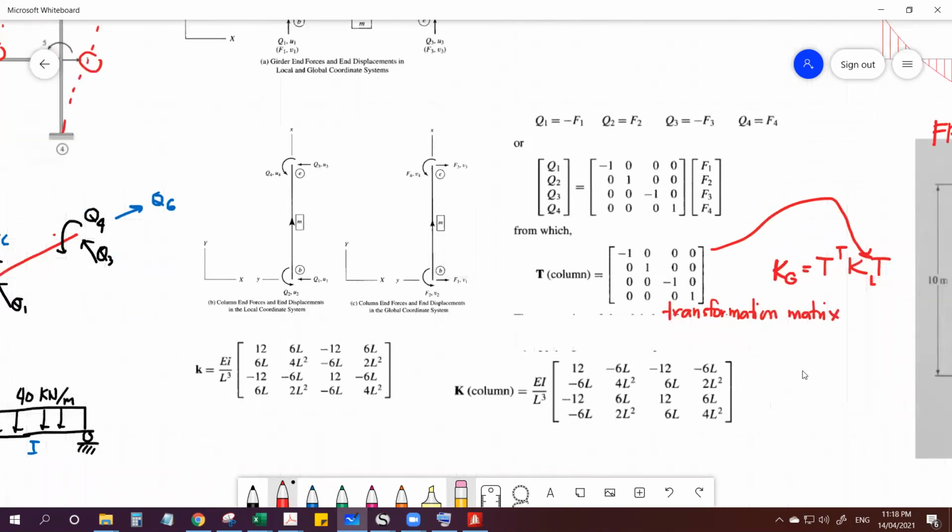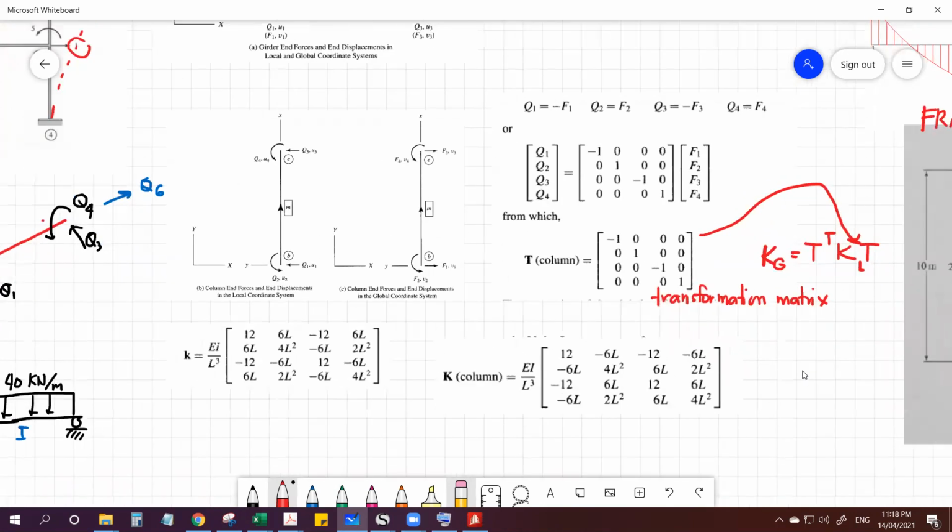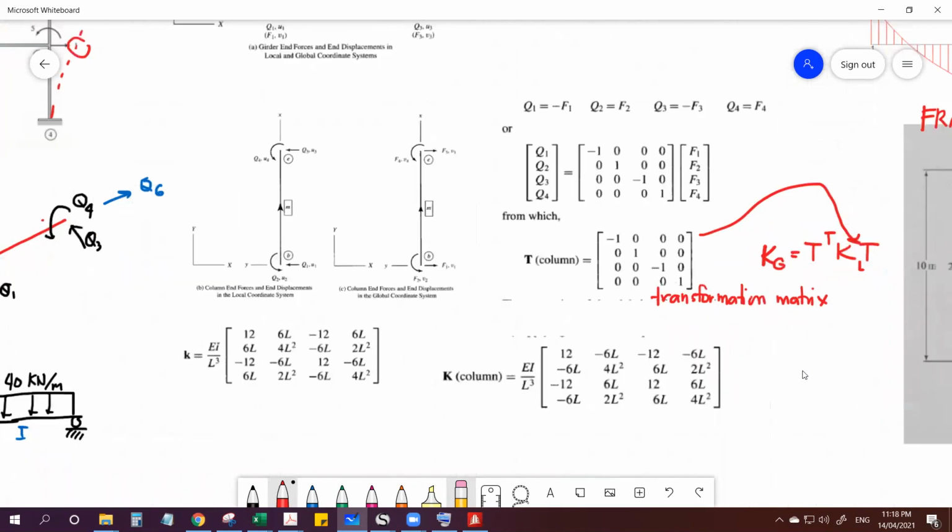So in short, we will be able to get the rotation or the moment and the corresponding reaction of the column. This will be the horizontal reaction, as we did in the derivation.